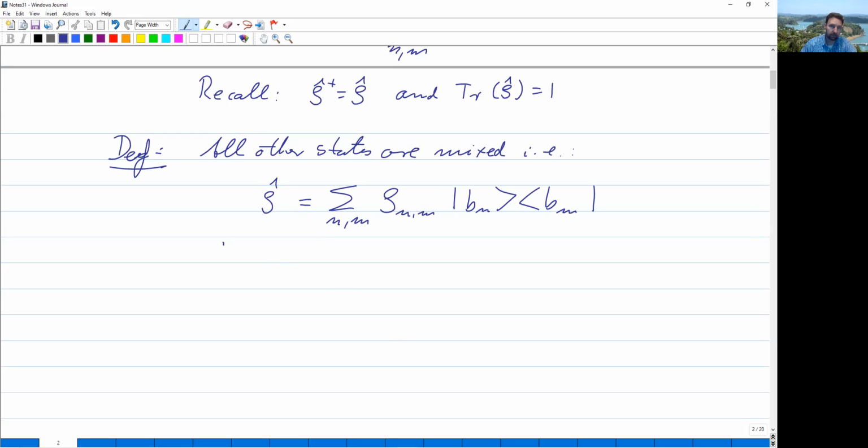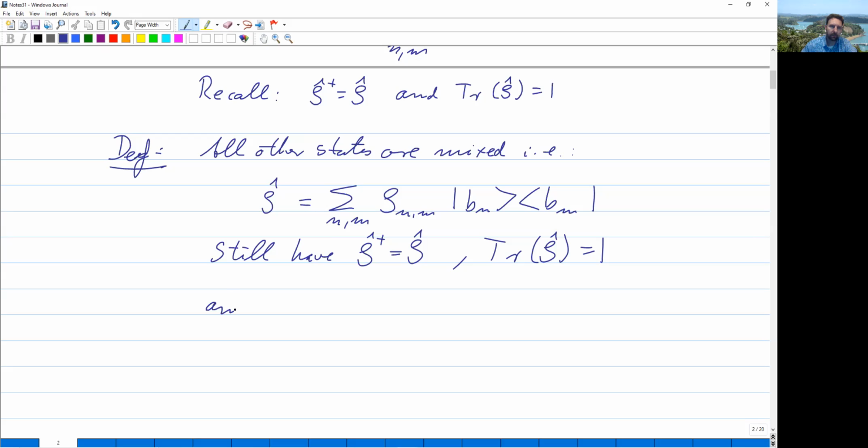We still have that rho hat dagger equals rho hat. Density matrices are always self-adjoint. The trace of the density matrix is always 1. Remember, this means that the sum of the probabilities has to add up to 1.